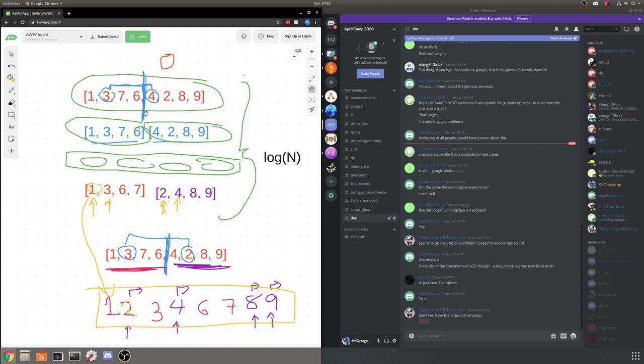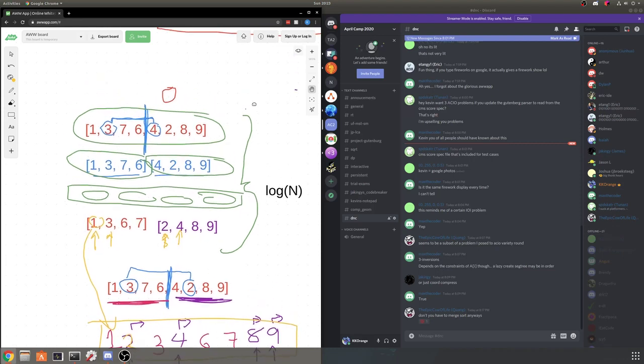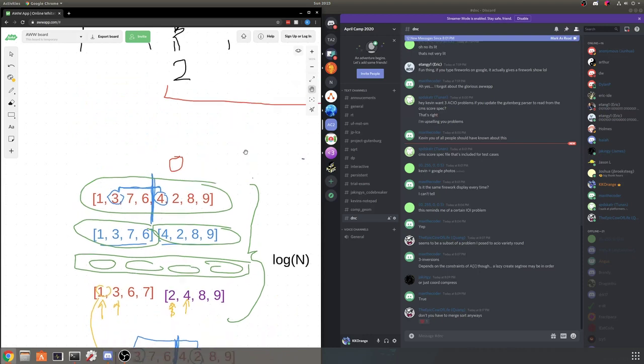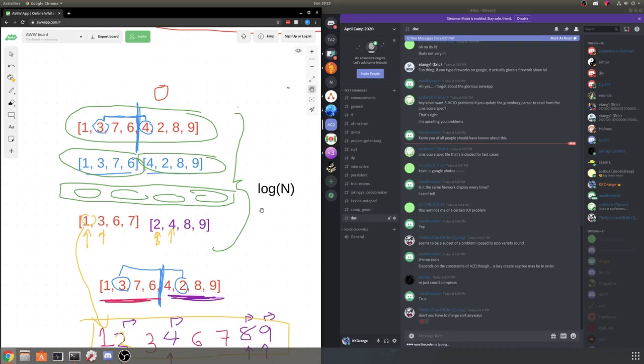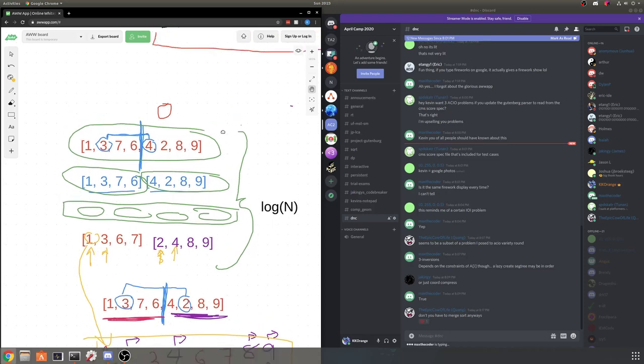Every inversion either crosses this line or doesn't. If it does cross the line, it'll be counted in this step here. If it doesn't cross the line, it's counted in one of these steps on the left or the right. And that's the basic shape of all the divide and conquer problems that we're going to be discussing today. Or I guess the basic shape of what a divide and conquer solution looks like.